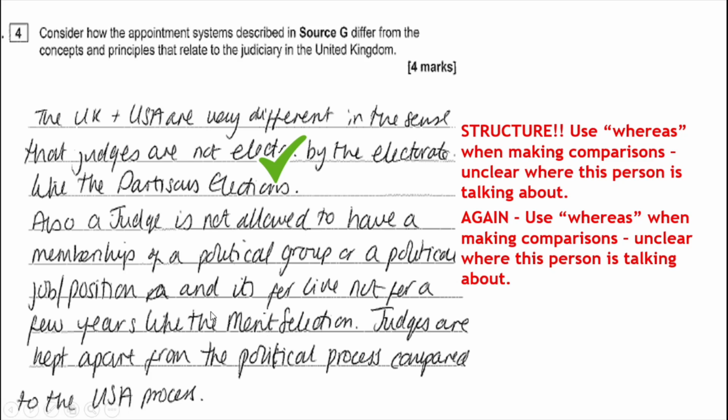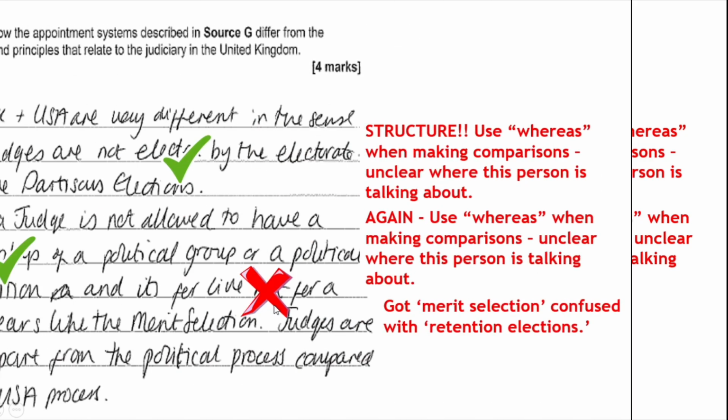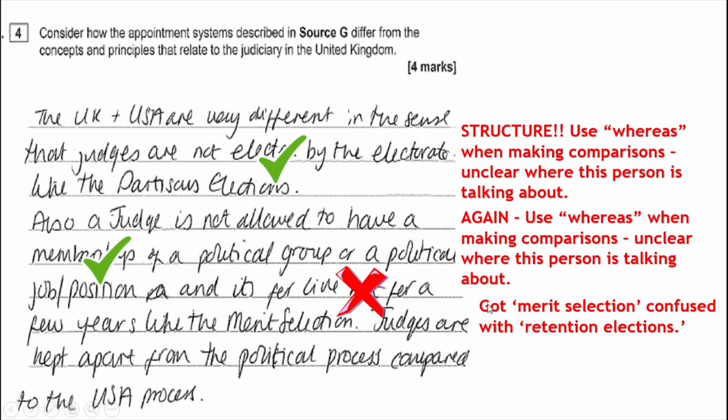An examiner may award a mark for the point about the fact that judges cannot be members of political groups or a political job or position. Like I said, another examiner may not give this mark because it's unclear which country this person is referring to. The student has made a mistake here because they've confused merit selection and retention elections. What this person probably meant was judges wouldn't have their job for a few years due to retention elections, not merit selection.